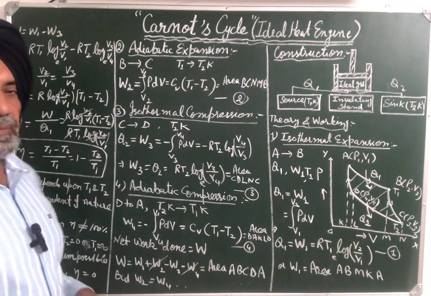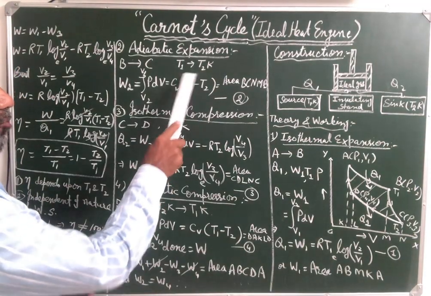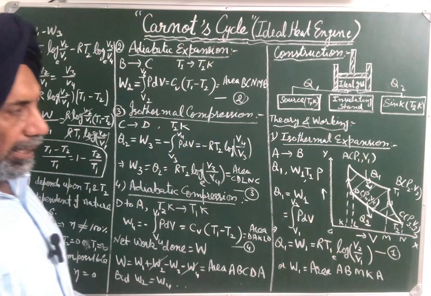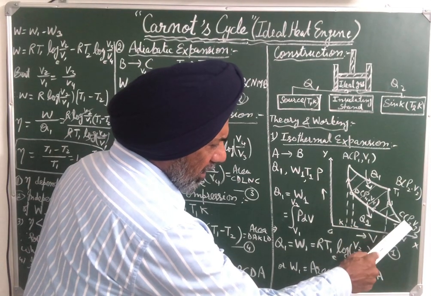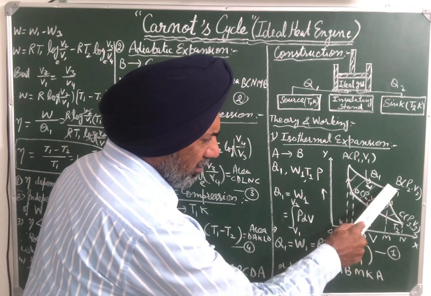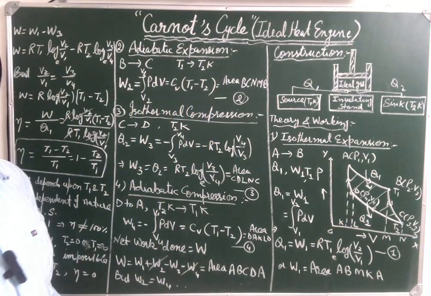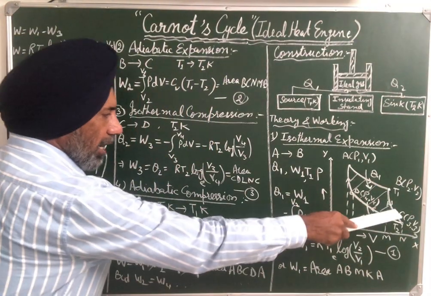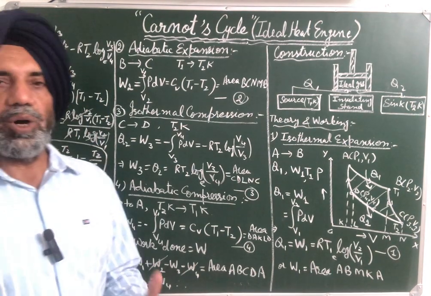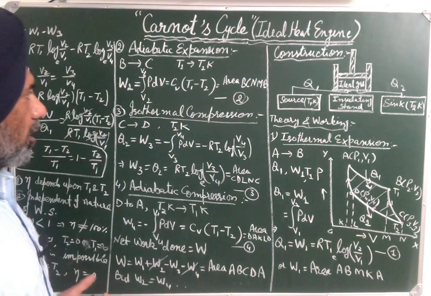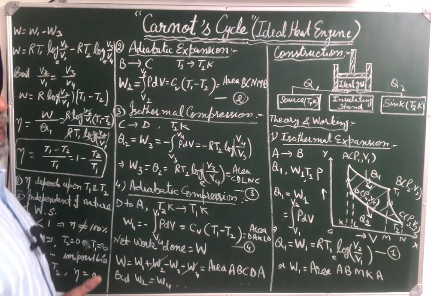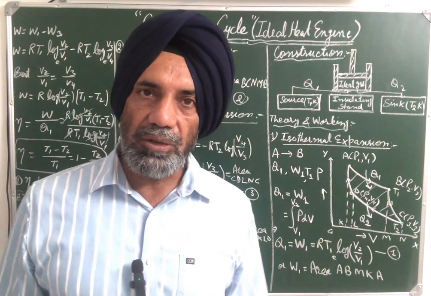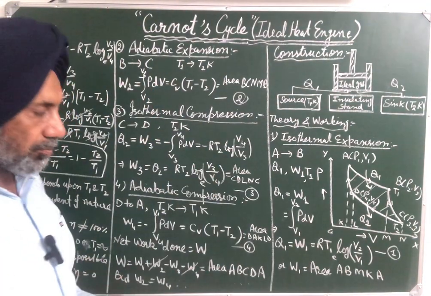And it can be proved to be CV into (T1 minus T2), which is equal to the area under this adiabatic BC, that is BCNMB. This area will be mathematically equal to work done during adiabatic expansion. So W2 is equal to CV (T1 minus T2), and CV is equal to molar specific heat at constant volume. So this is number 2.